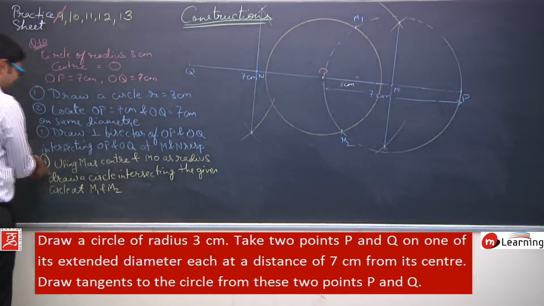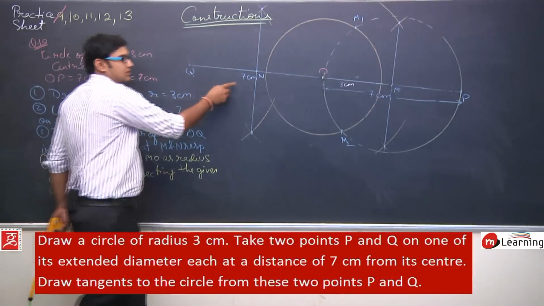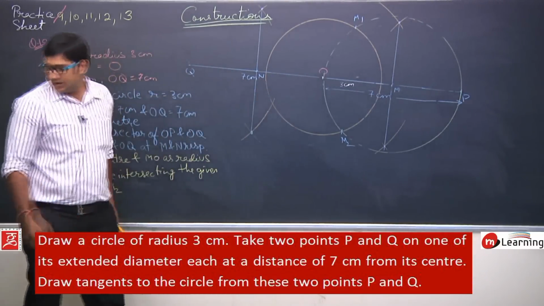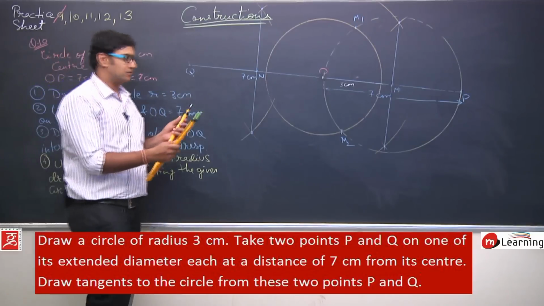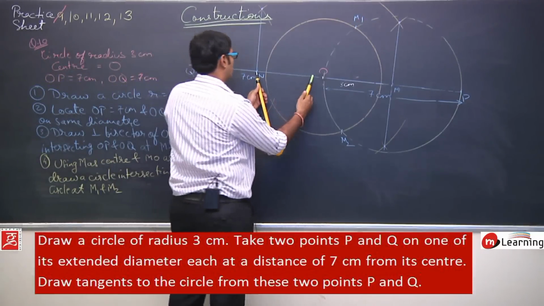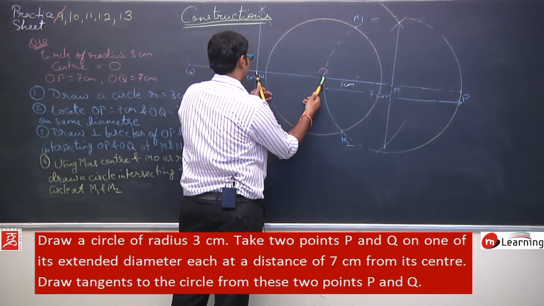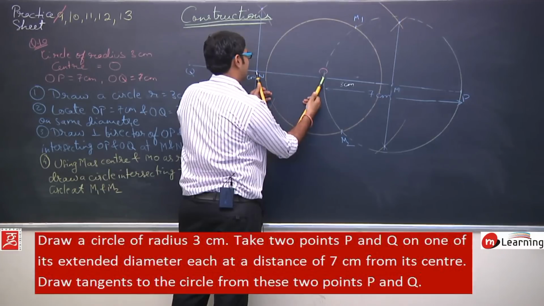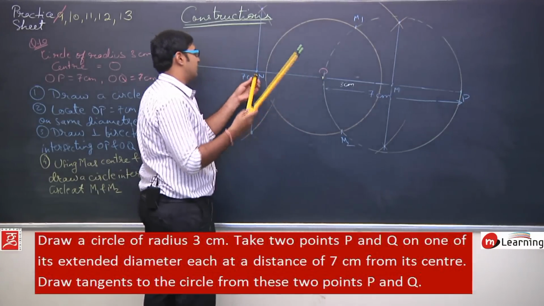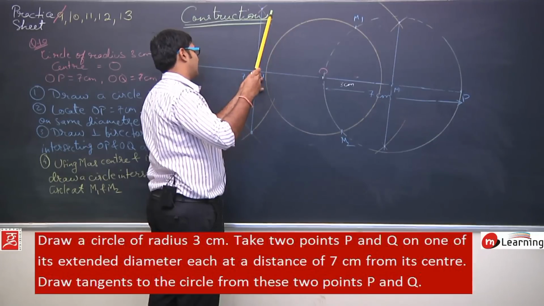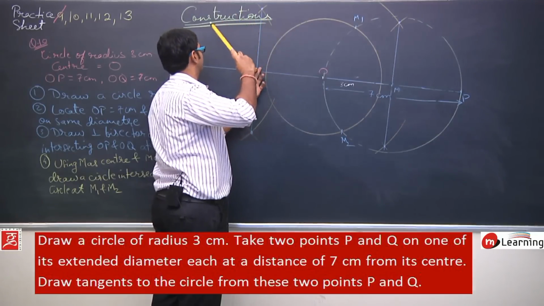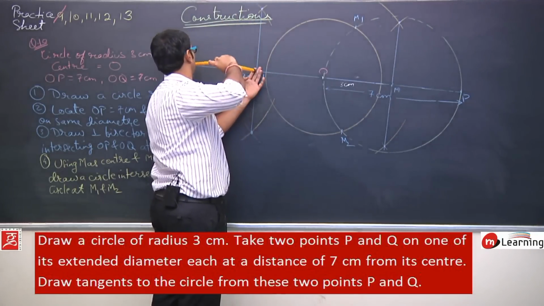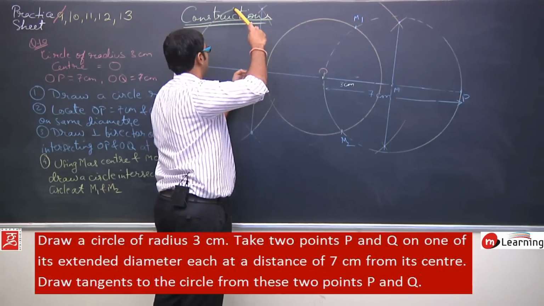Now, I will repeat the same step for this OQ as well. I will use N as the center and NO as the radius. I will draw a circle from this point N, like this.